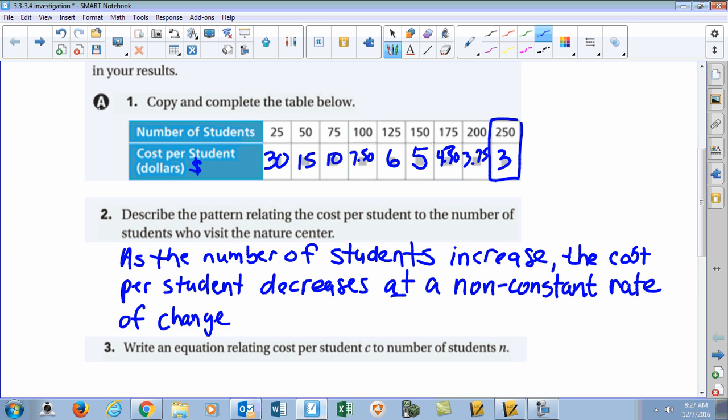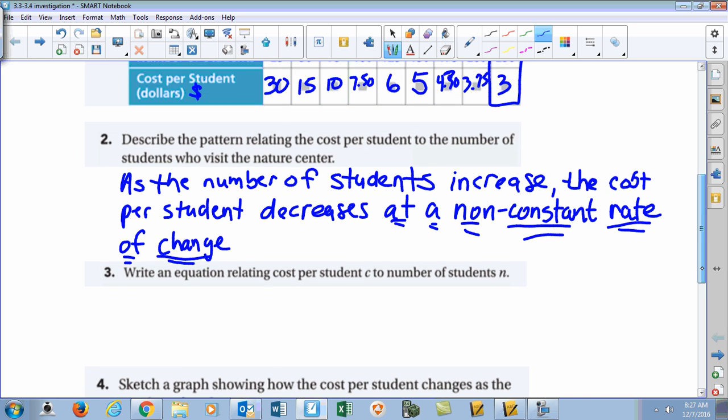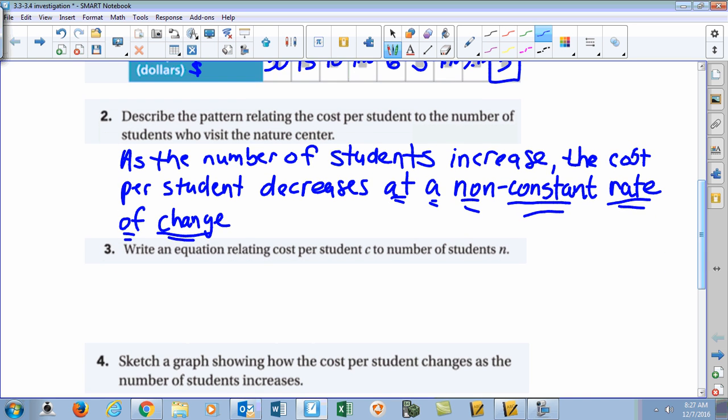This is the big deal. So if I were to ask you to write me an equation, what would you tell me? If C was the cost per student, and n the number of students, what would our equation be? 750 over n.